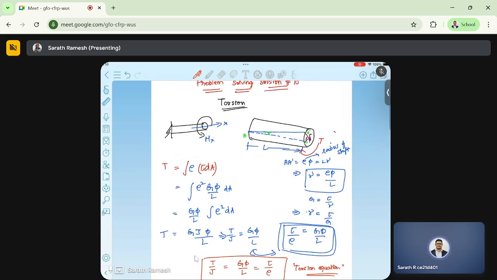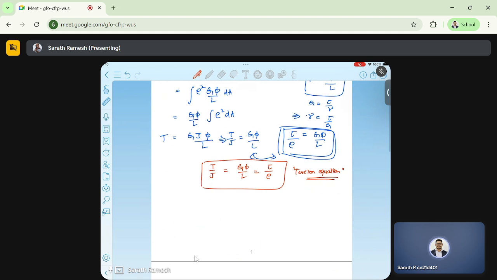Here, the assumption is the main point to remember. The assumption is that these lines, these boxes after deformation, like if I have a square box here, after deformation it remains a square. There is no warping occurring.